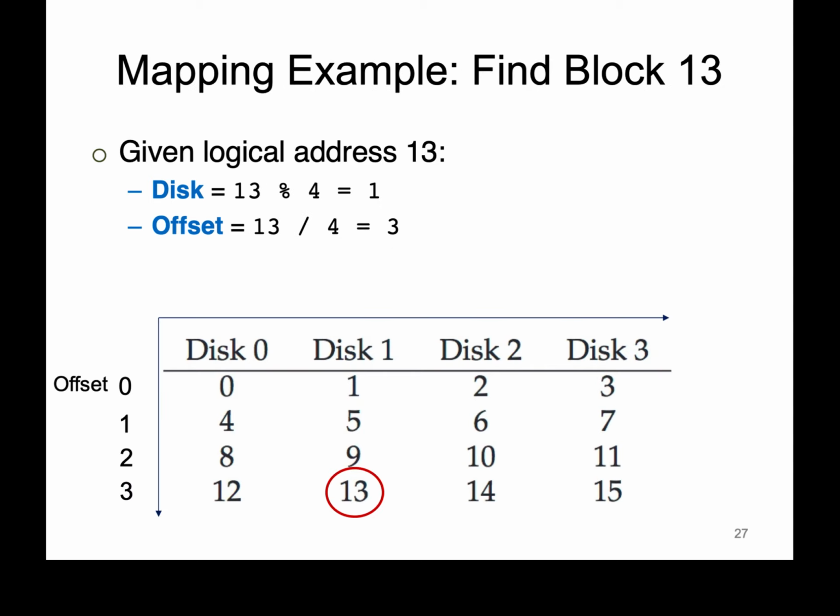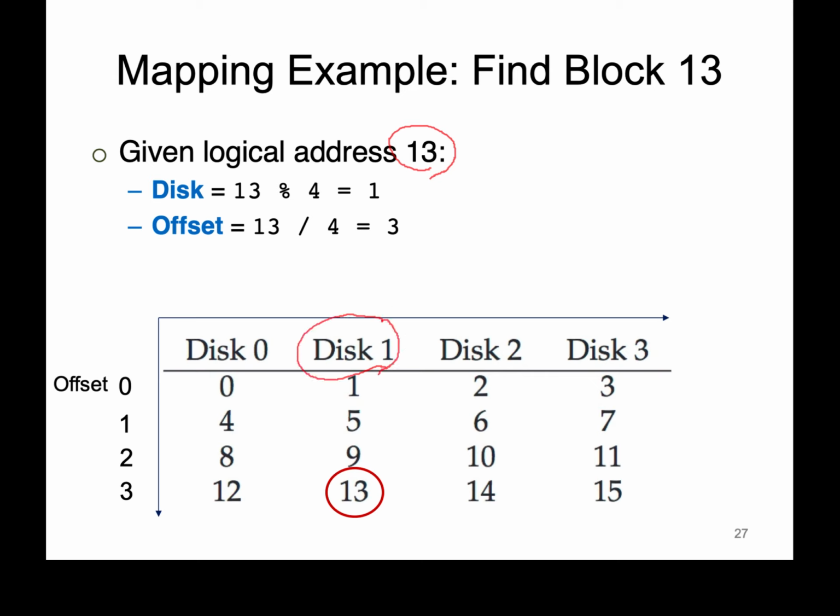If you take a look at this example, you want to calculate the disk number as well as the offset value for logical address 13. So 13 modulo 4 gives you 1. It means disk address 13 lies in the second disk, which is disk number 1.